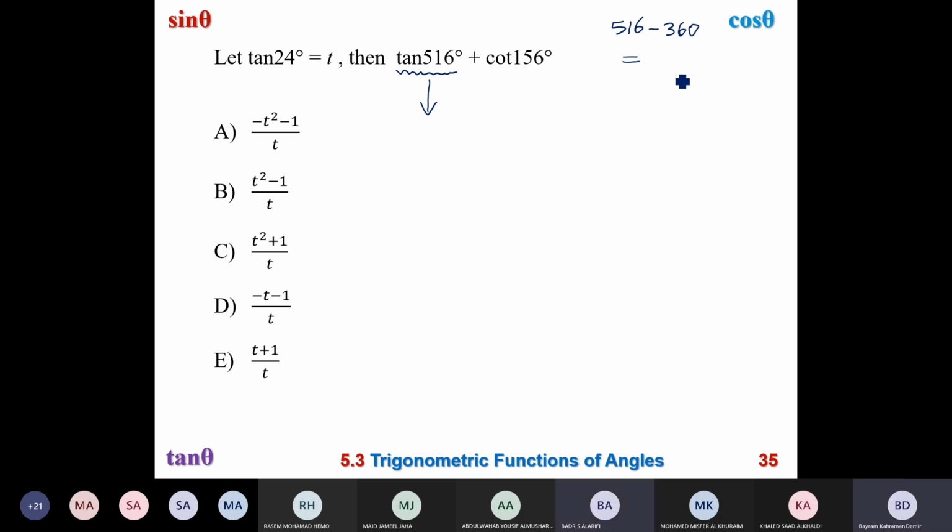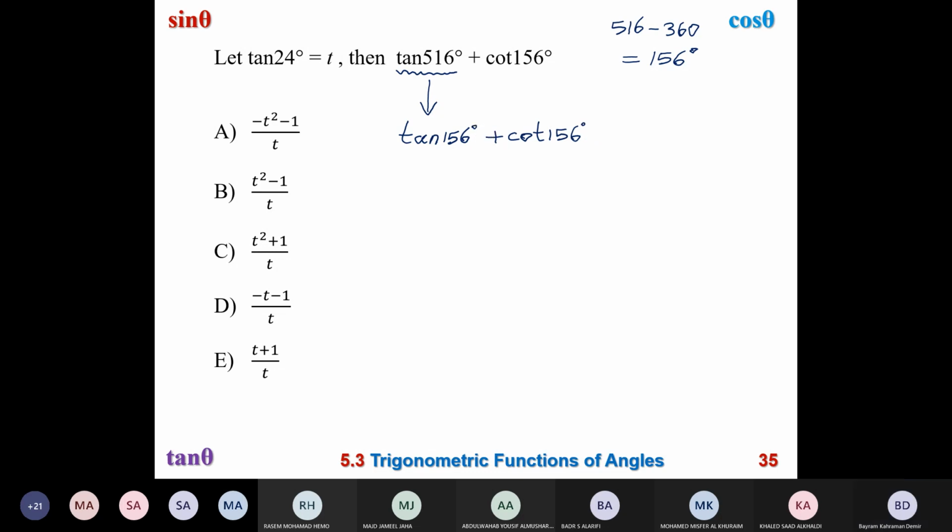When the angle is big, you need to find the coterminal first. It is 156. So this is the same as tangent 156 plus cotangent 156.